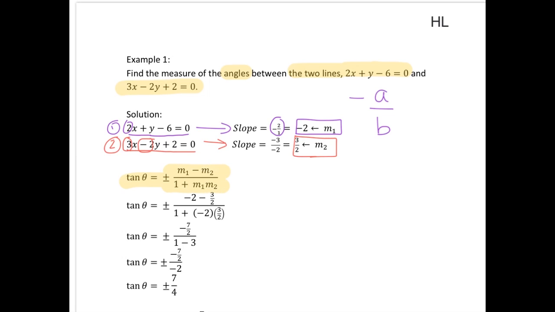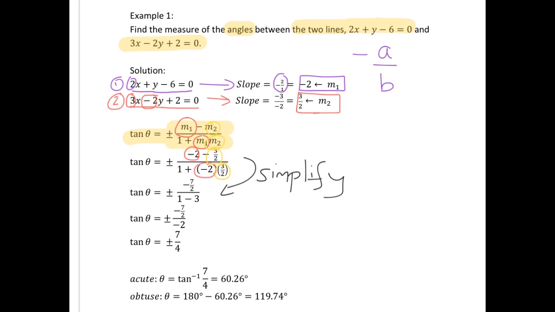We can fill in our m1, being minus 2 everywhere, and our m2 being 3 over 2. Sorry, not minus 3 over 2, just 3 over 2. Then we can just simplify our fraction here to get that tan theta eventually is plus or minus 7 over 4.